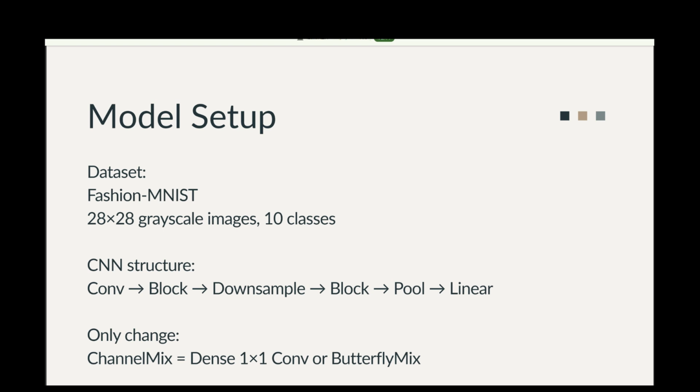Each block has a depthwise convolution, a channel mixing layer, batch normalization, and ReLU. In this experiment, I only changed the channel mixing layer. For the dense baseline, I used the normal one-by-one convolution. For the butterfly models, I replaced it with butterfly mix. Next page.